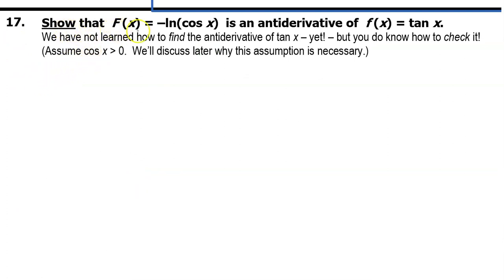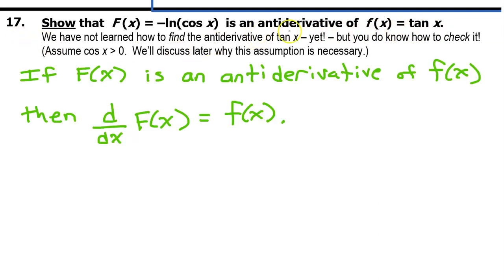Last one, number 17. Show that capital F of x equals negative natural log cosine x is an antiderivative of lowercase f of x equals tangent x. An antiderivative is what you get when you take the integral of something. So we are basically supposed to show that this first function is the integral of this second function.